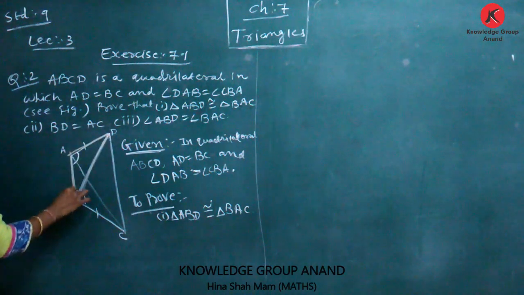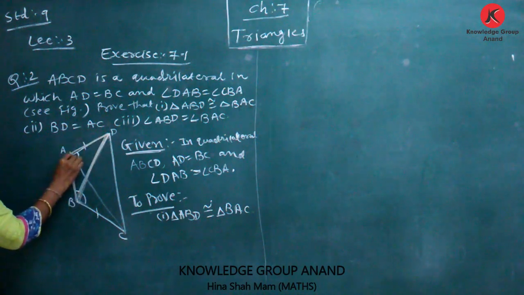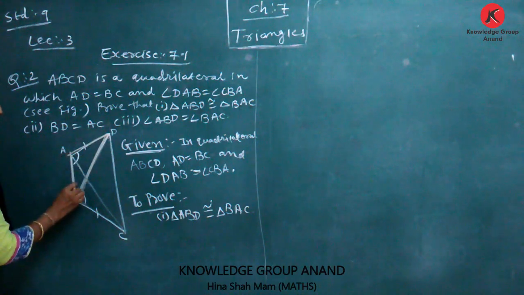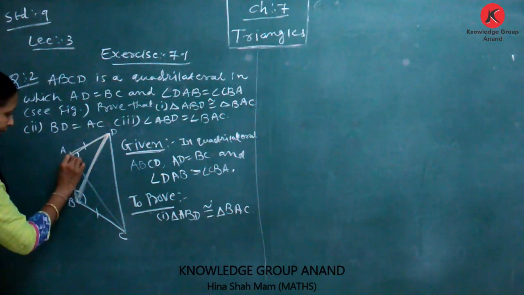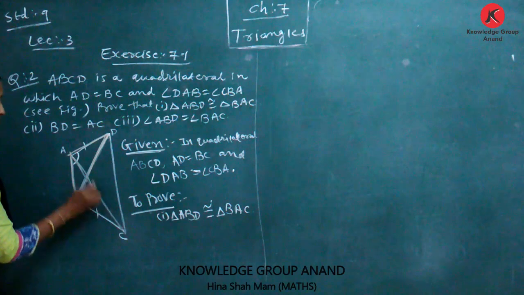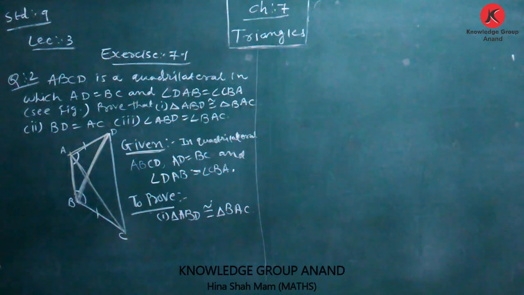and triangle BAC. These two triangles. Number 2, BD is equal to AC.